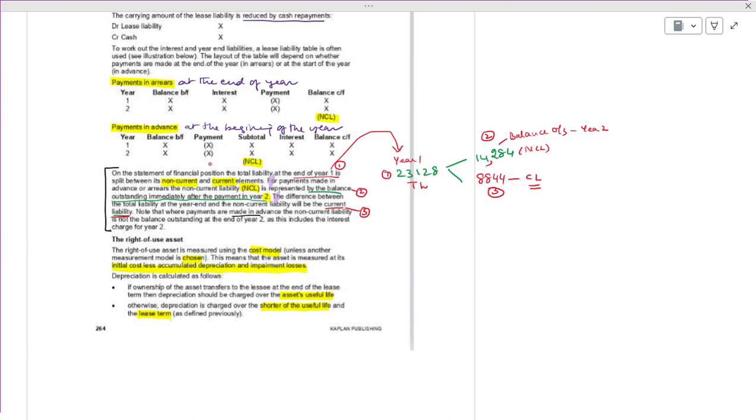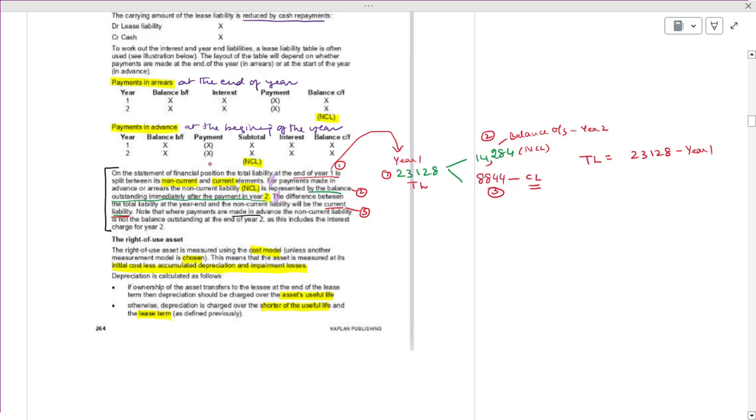See, again I will take it like this. Total liability is how much? 23,128. This is at the end of year 1.